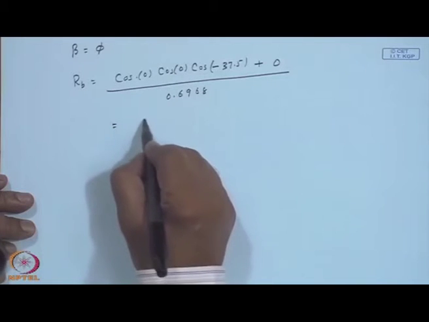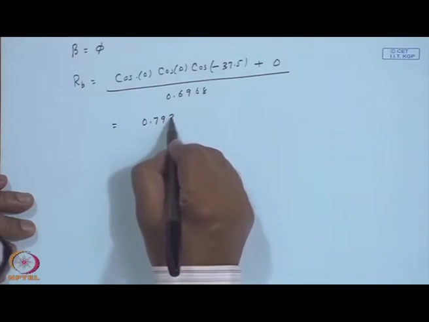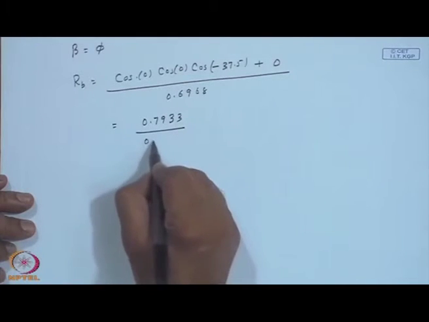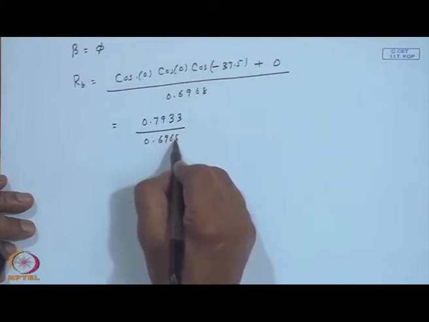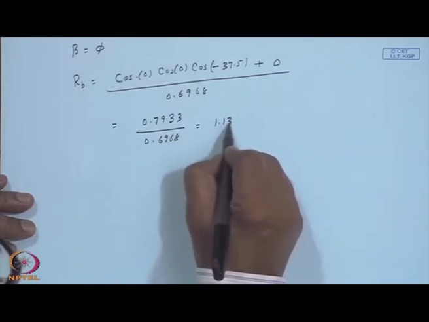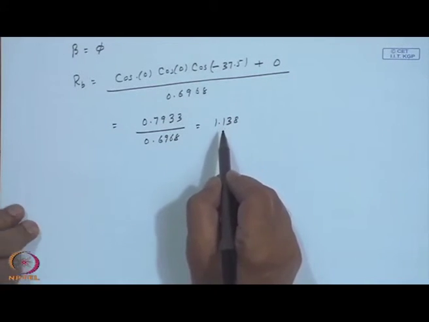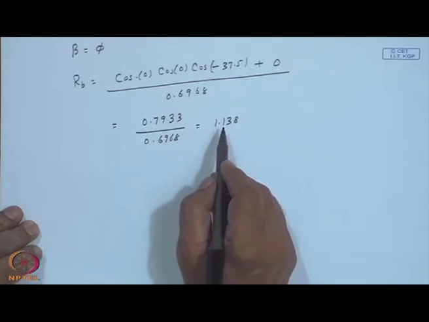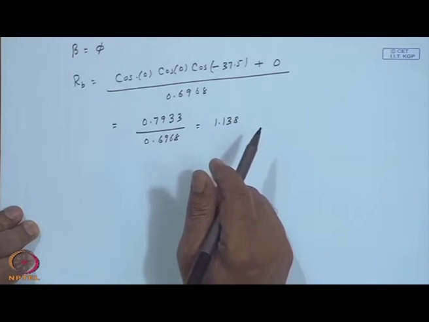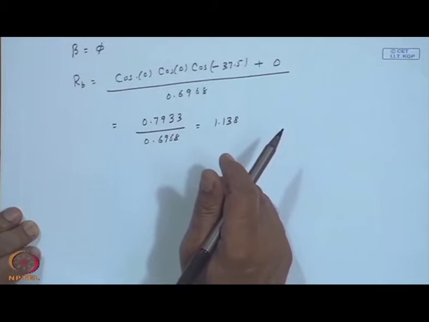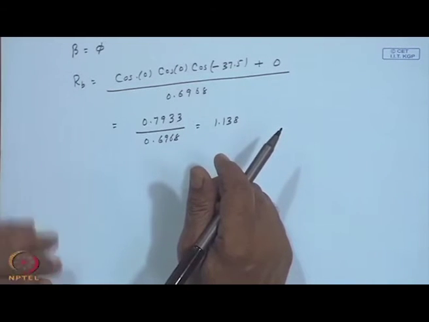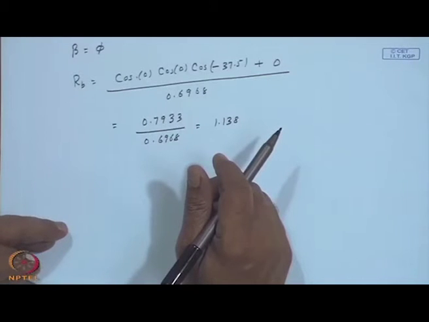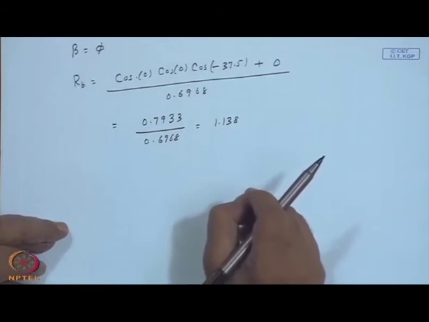This is, you can calculate 0.7933 by 0.6968, which is 1.138. Now, this is considerably more, if you look at it that way, than 1.09, which we got for phi minus beta is equal to minus 15. So, because declination is 0, this satisfies phi minus beta is equal to delta, because phi is equal to beta, right, which was one of the optimum orientations which we had considered in connection with concentrating collectors. Okay.